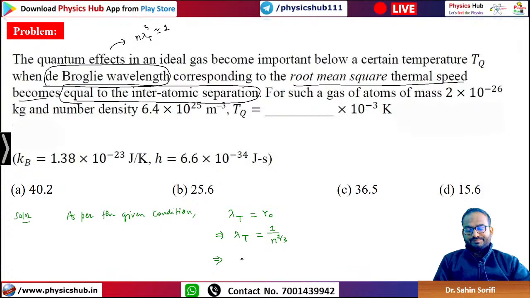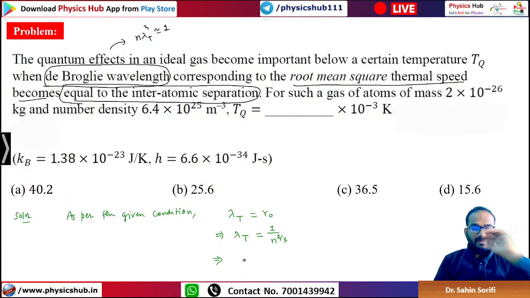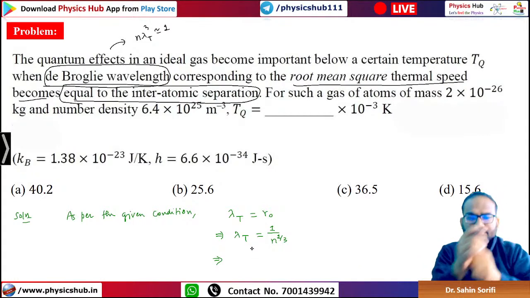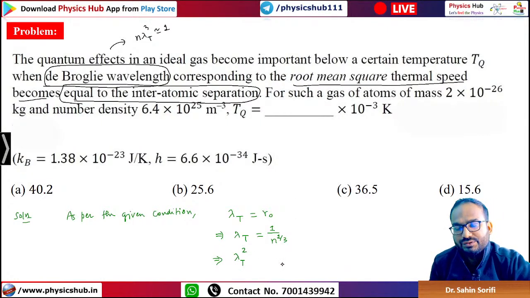In lambda_T we have h by root over 2 pi m k T. So, we can consider lambda_T squared, because you have to find out T. To find out T, we have to remove the square root.